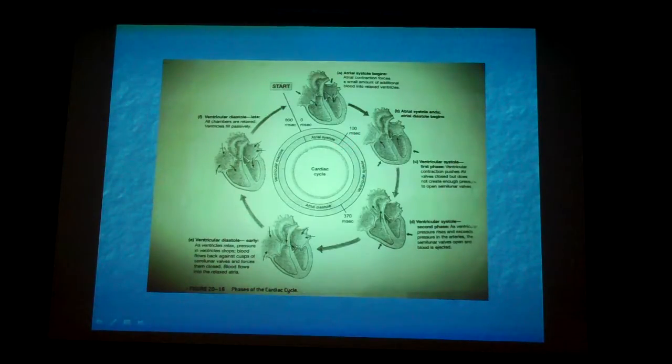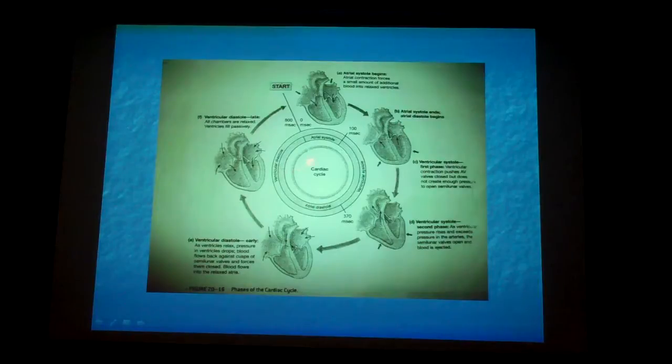At this point, there is a slight delay in the conducting current within the heart, but right here, atrial systole stops, doesn't it? You see the line? Now, what are the atria doing the rest of the way around to the beginning of the next heartbeat? They're resting. They're in diastole.